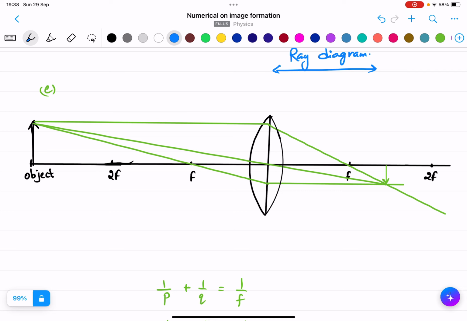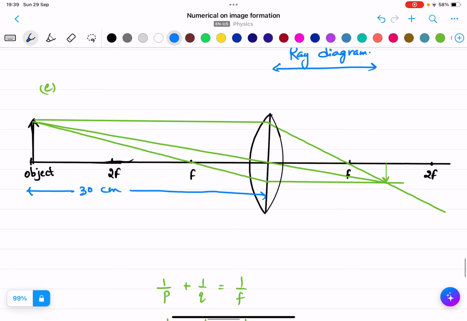Okay, this is the E part. I have constructed it, and it's very simple. The object is given. The object is at 30 centimeter. So this distance from the optical center is 30 centimeter. We will follow the same rules.